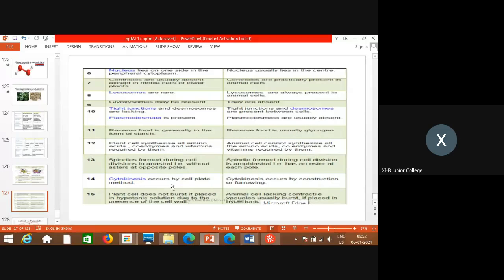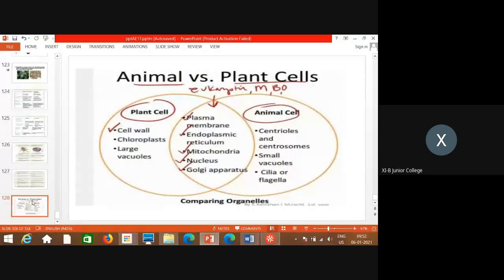Cytokinesis occurs by the cell plate method, whereas it occurs by constriction or furrowing in animal cells. That point also you will understand during cell division when we discuss it. So just remember a few points which are considered to be the differences. There are many more differences. Here I have listed 15, but at least 8 differences you should learn.